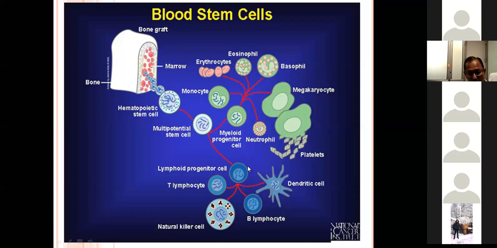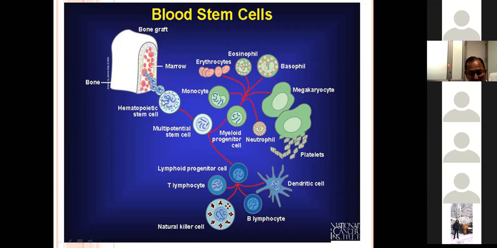The lymphoid progenitor cell gives rise to T lymphocytes, NK cells, B lymphocytes, and dendritic cells, which are involved in the immune system and in antigen presentation, which is required in HLA transplant.